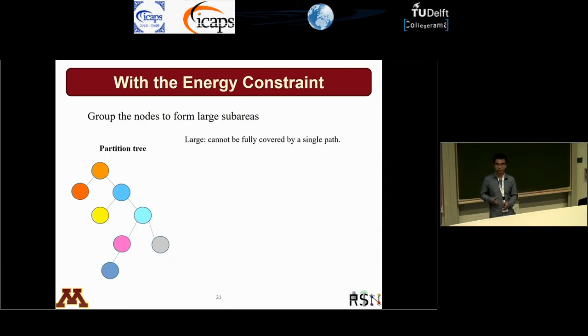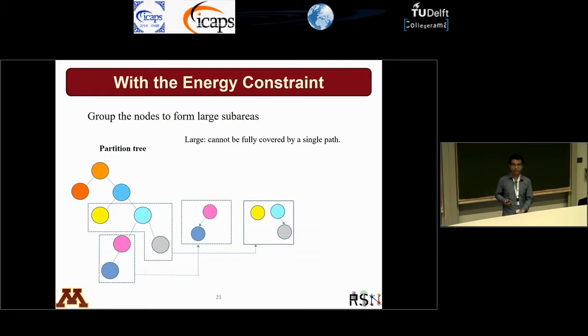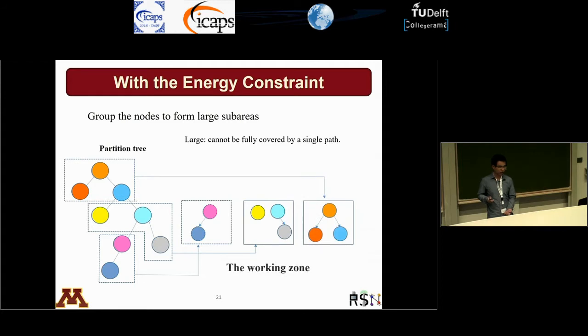Here, large means each sub-area should not be fully coverable by a single pass. We do it by grouping the nodes from bottom to top. When we find two or more nodes together cannot be covered by a single pass, we group them and delete them from the partition tree, until we cover all the nodes. We call the set of these sub-areas a working zone.